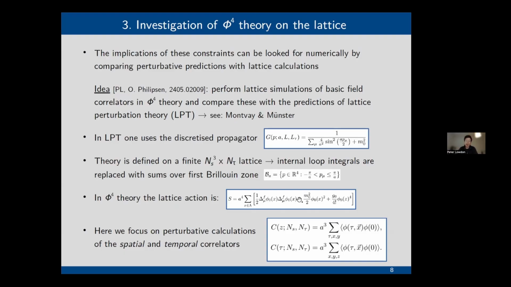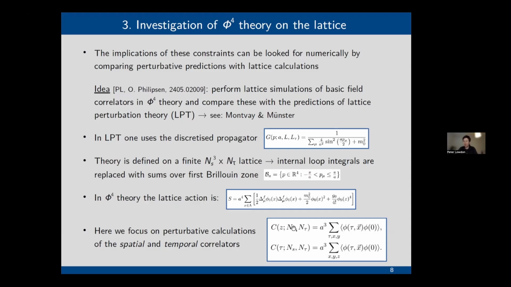So the bare lattice mass and the bare coupling that you use here, you can also use in the perturbative loops. And you do these calculations in a finite volume as well. So they both have the same finite volume effects, and they both use exactly the same lattice parameters. So you're really doing an apples-to-apples comparison, as opposed to, say, comparing lattice data to continuum perturbation theory calculations. That's the nice thing about this approach.